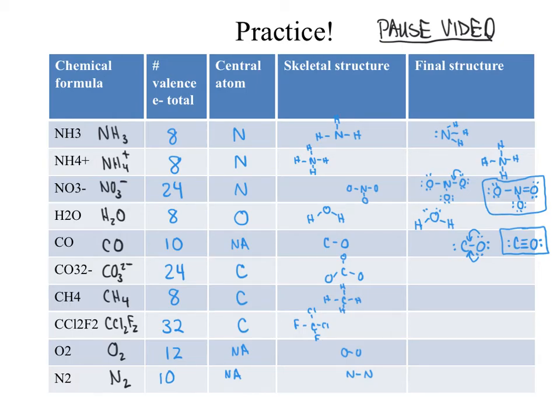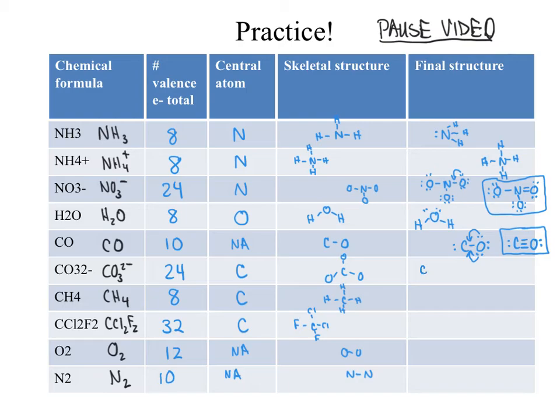All right, so moving on to carbonate. Right now I have 2, 4, 6 electrons. I need 24 total. So 24 minus 6 is going to give me 18. I need to put 18 more electrons into this structure.